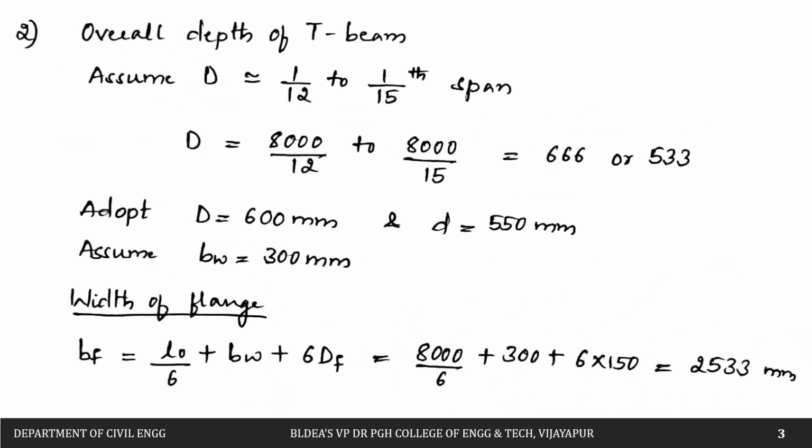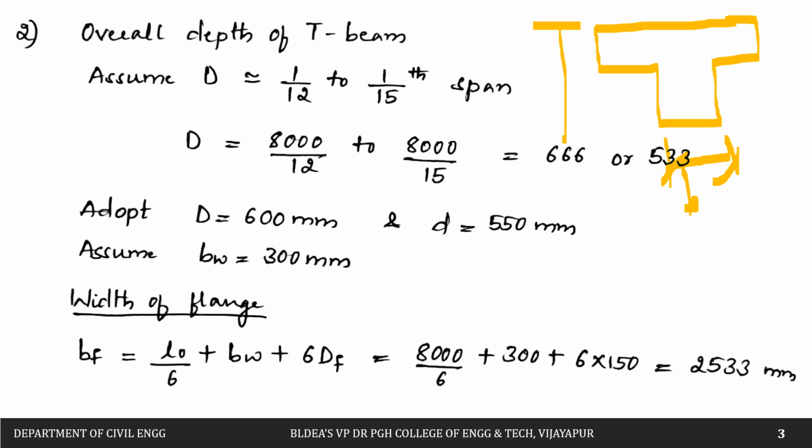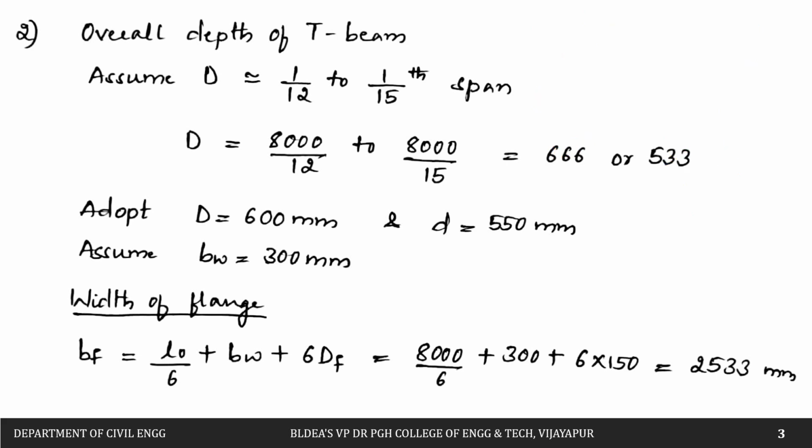First, we have to fix the dimensions of the beam. What should be the width and what should be the overall depth. So how are we going to fix the overall depth of the T beam? We can assume D approximately equal to 1/12 to 1/15 of the span.